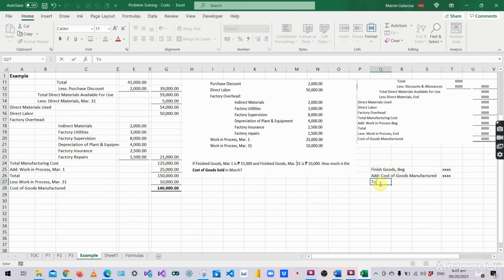Then we get the total goods available for sale.